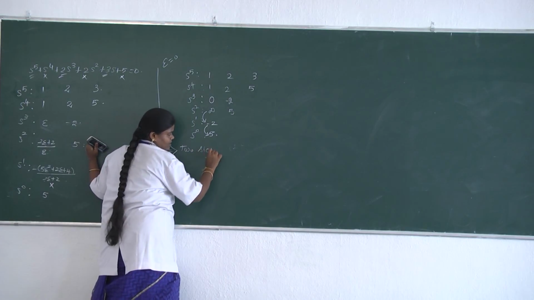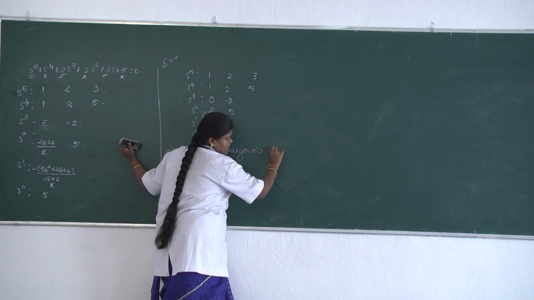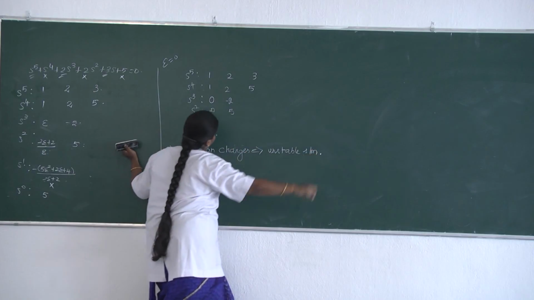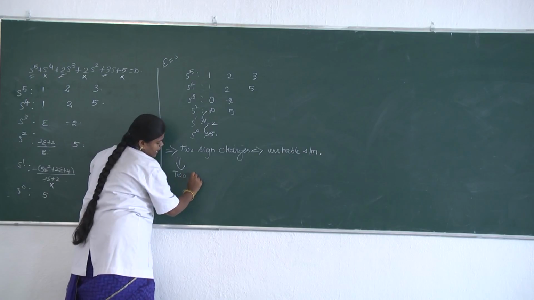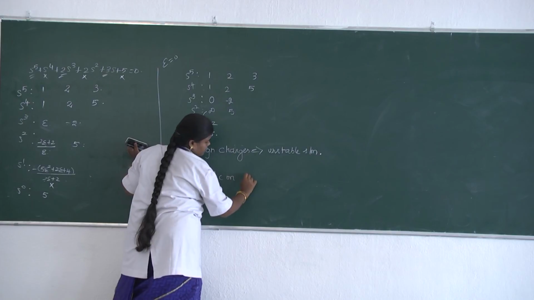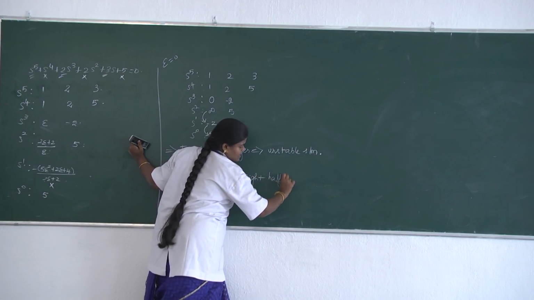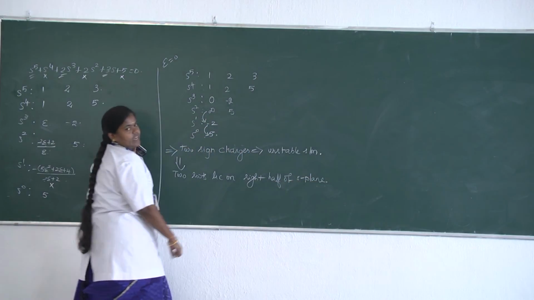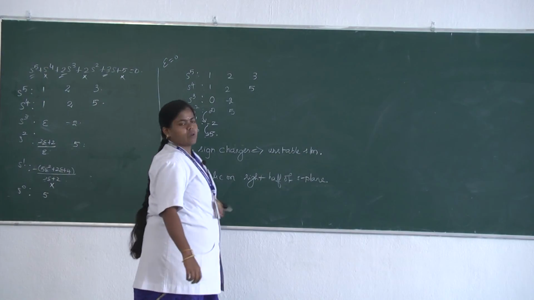As I said before, the sign change itself indicates that the system is an unstable system, and these two sign changes indicate that two roots lie on the right half of the S-plane, which makes this system unstable. So these two roots, or these factors, are to be changed in order to make this system a stable system.